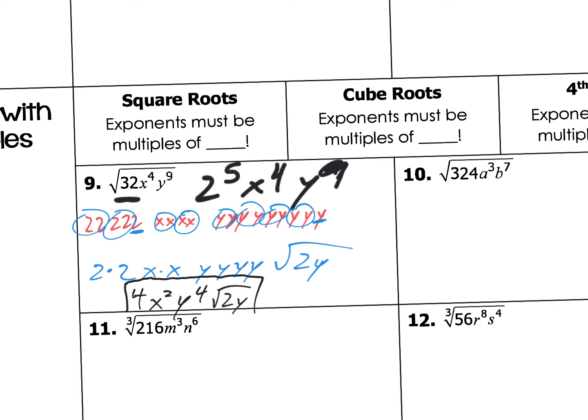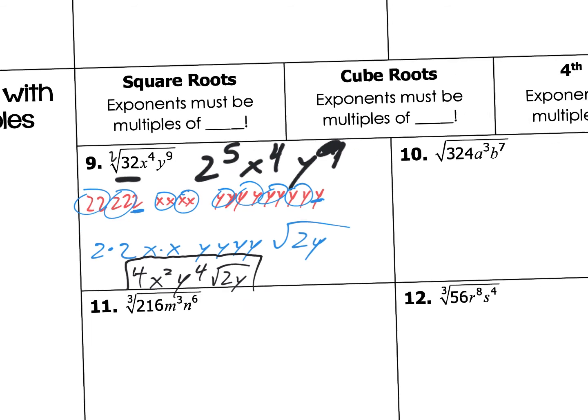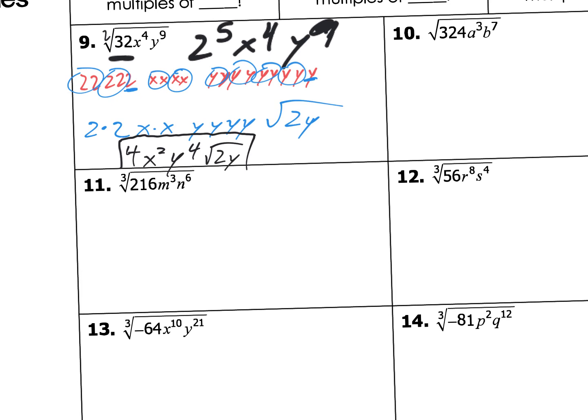Okay, so just remember, guys, everything for square roots has an index of 2, so it comes out in pairs. For cube roots, everything has to come out in groups of 3, right? So you can sometimes shortcut a little bit if it makes sense to you, okay? So for example, let's look at number 11. 216 is going to factorize, and we're going to get 2 to the 3rd, 3 to the 3rd, okay?